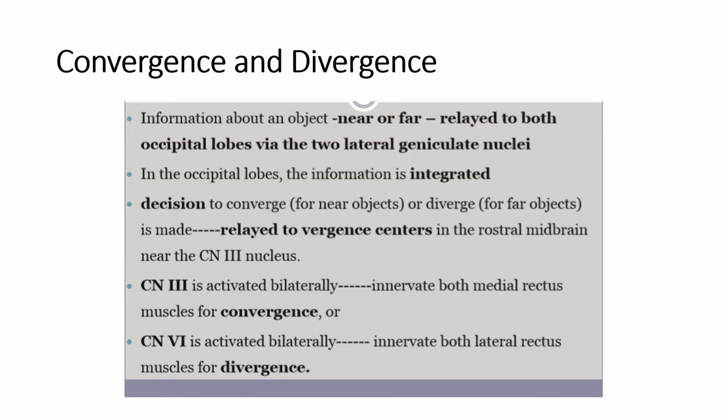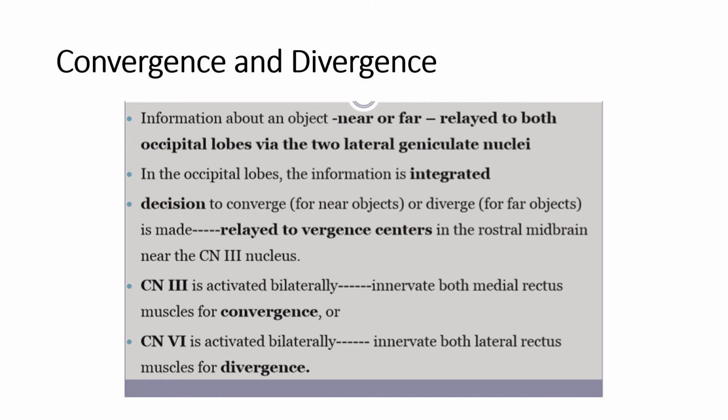So information about the object near or far is relayed to both occipital lobes via those 2 lateral nuclei of the thalamus. In the occipital lobes, the information is integrated. Okay? The decision to converge for near objects or diverge for far objects is made, and it's relayed to the vergence centers in the rostral midbrain near cranial nerve 3's nucleus.